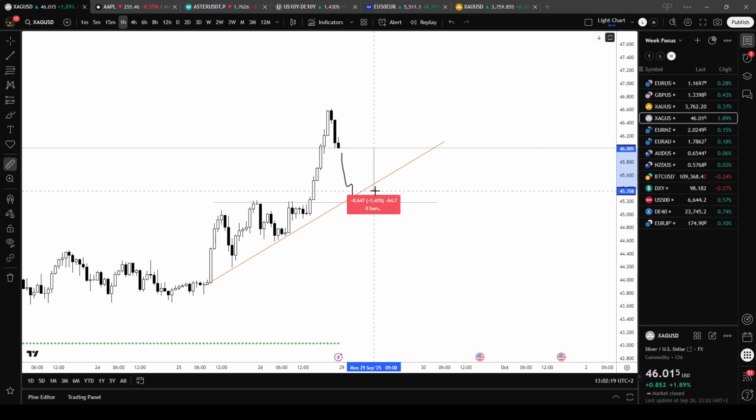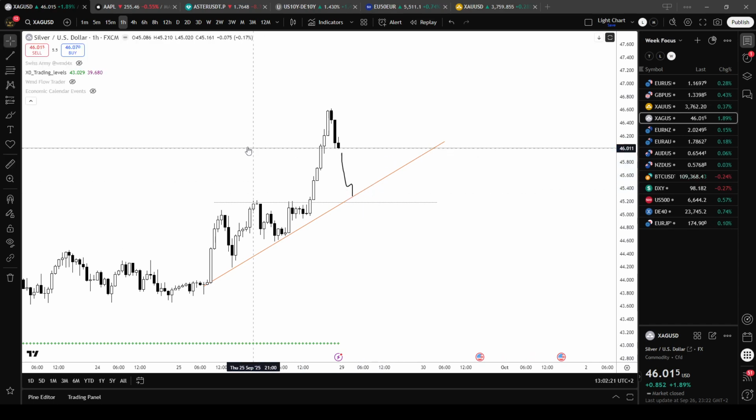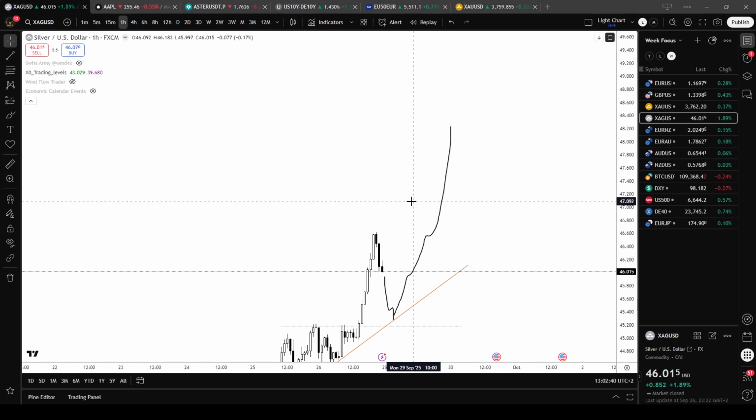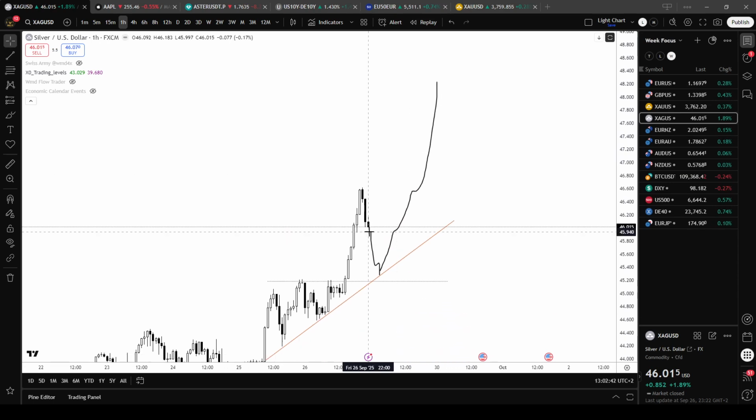This would be a 1.5% drop. Nothing too crazy, but is it good enough to be the low of the month? I think so. I think so. So I do think silver maybe makes the low.